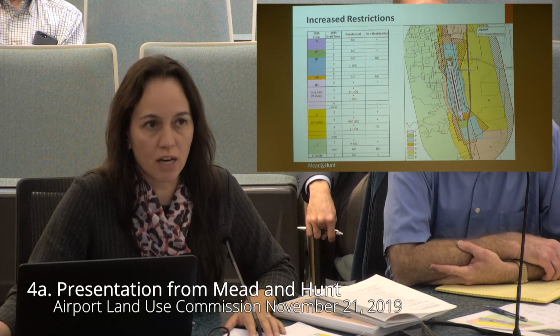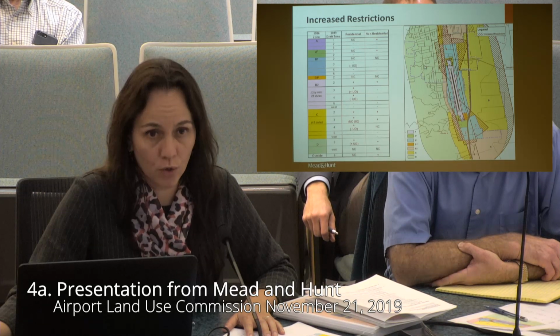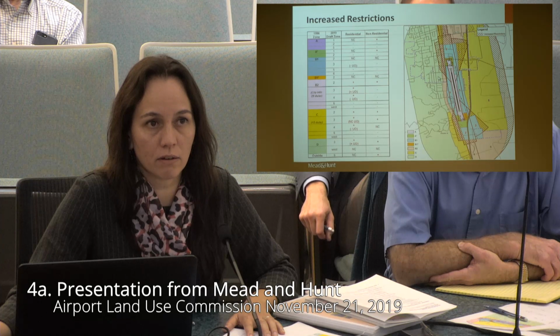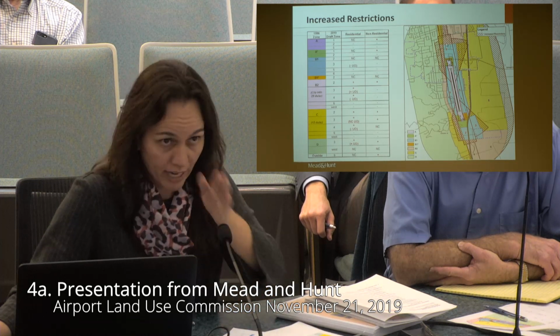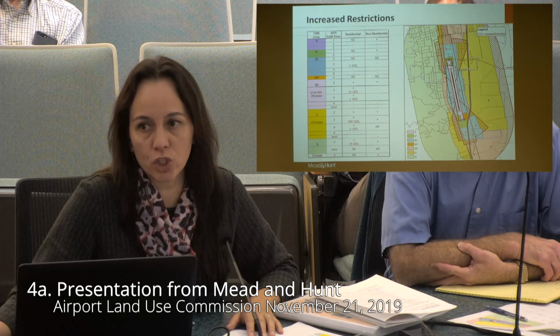I realize there's a lot of information provided during that overview, but I think the key takeaway here is that the red hatch symbols identify where there's going to be some restrictions greater than what's in place today.